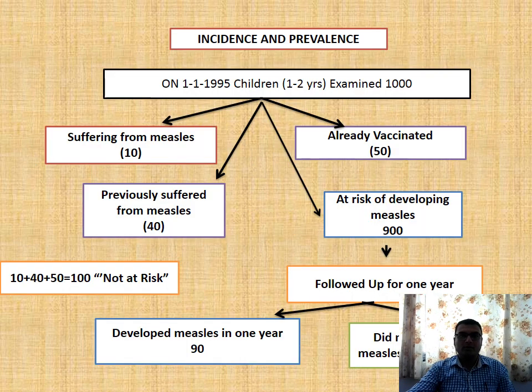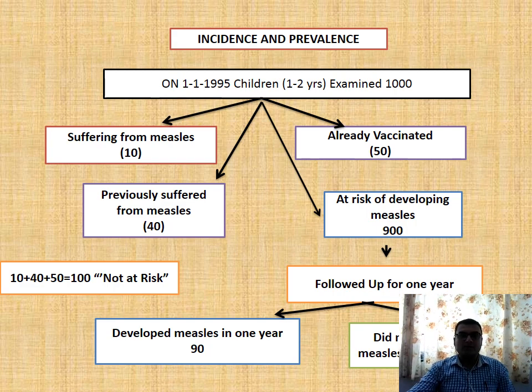Let's see how to calculate incidence and prevalence. So I have given one hypothetical example. On 1st January 1995, we chose 1000 children in the age group of 1 to 2 years from a given community. On the day of the survey, we found that there were 10 children suffering from measles.